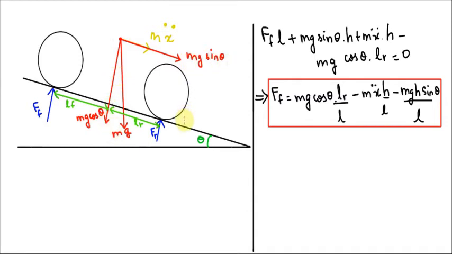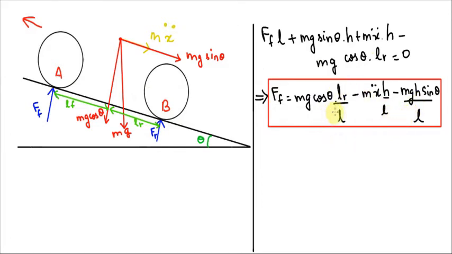So doing the same thing again, here we had the B point, here the A point, the vehicle is climbing the slope. Taking the moment of the forces about the B point, we get this equation, and when we rearrange the terms, the value of Ff is given as mentioned over here.